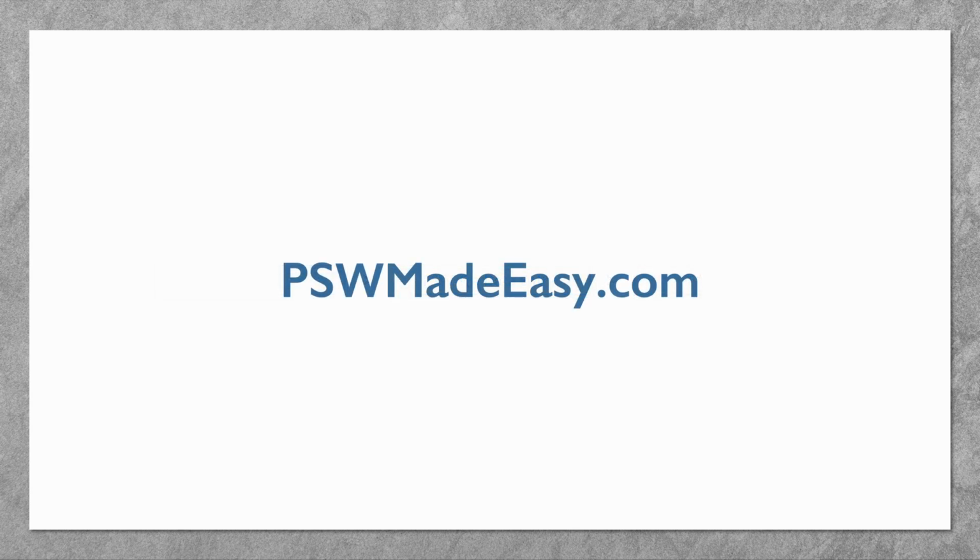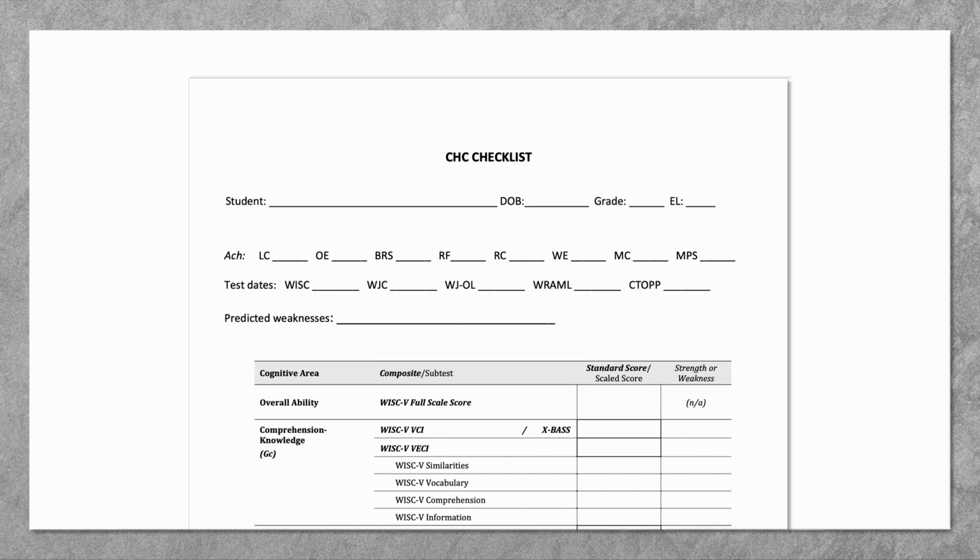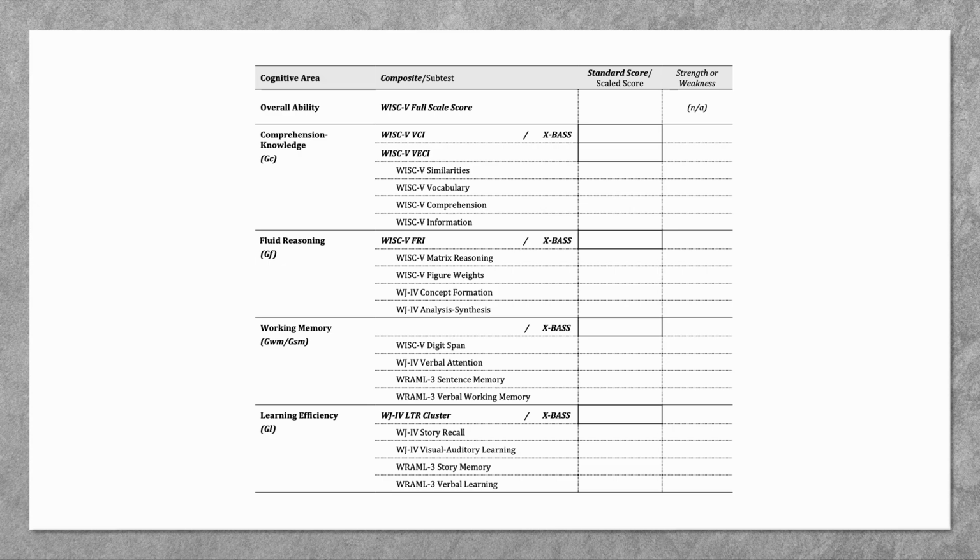If you go to this website, pswmadeeasy.com, you can look on the Tools tab and find this document, and you can print it, preferably as one double-sided page. It's a Word document, so you can revise it any way you want. This is what works for me, including my usual tests. My preference has been to use the Whisk as my core battery and the Woodcock as my secondary battery.